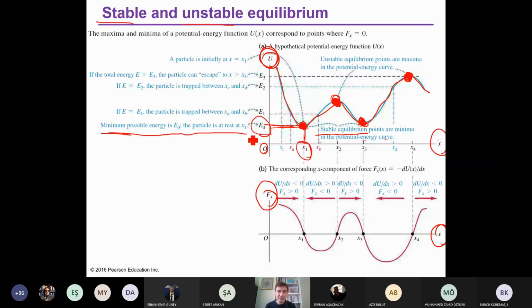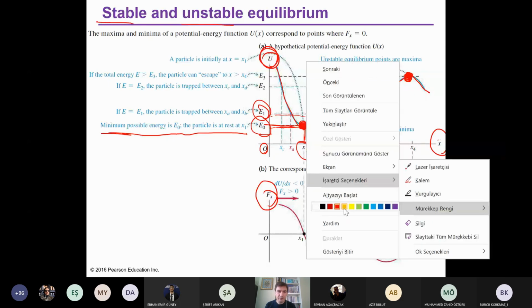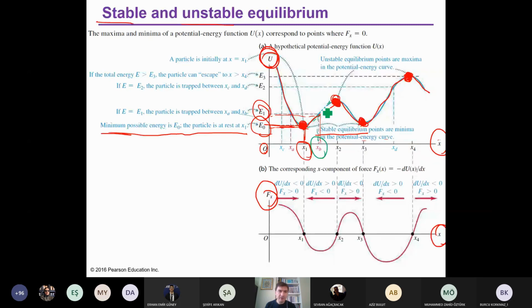And if the energy is here, E1, then the position is between, let me change the color of my pen, then this new position is this one, okay? Energy is here, and the particle is trapped between XA and XB. XA is this one, XB is this one.